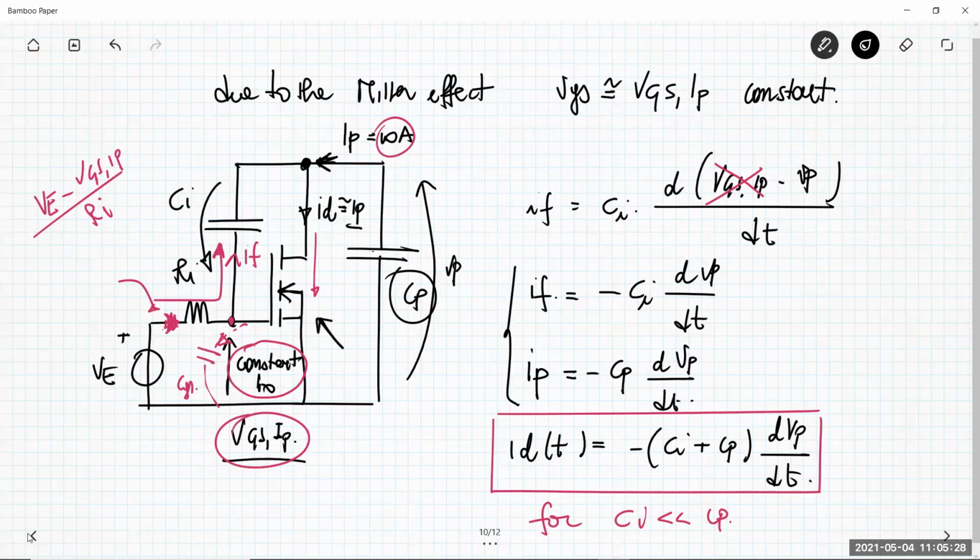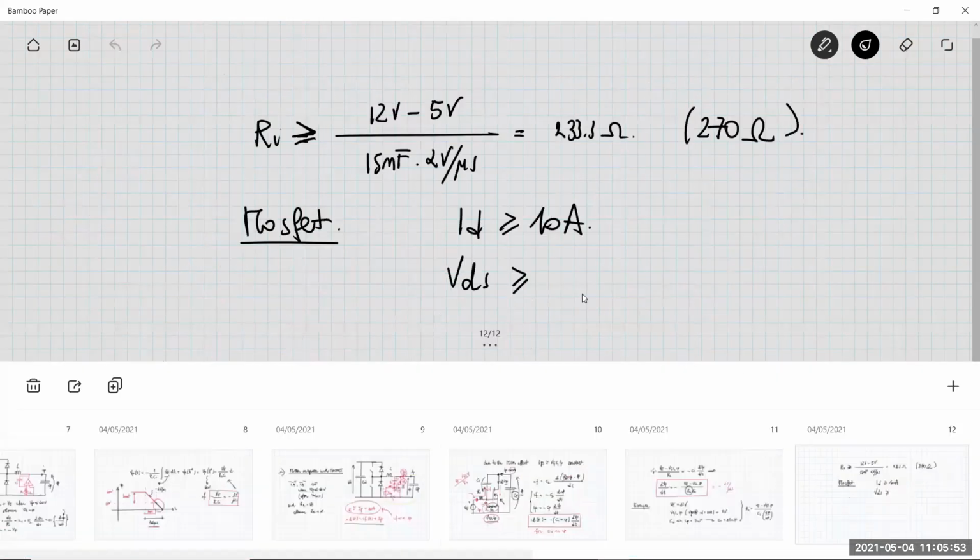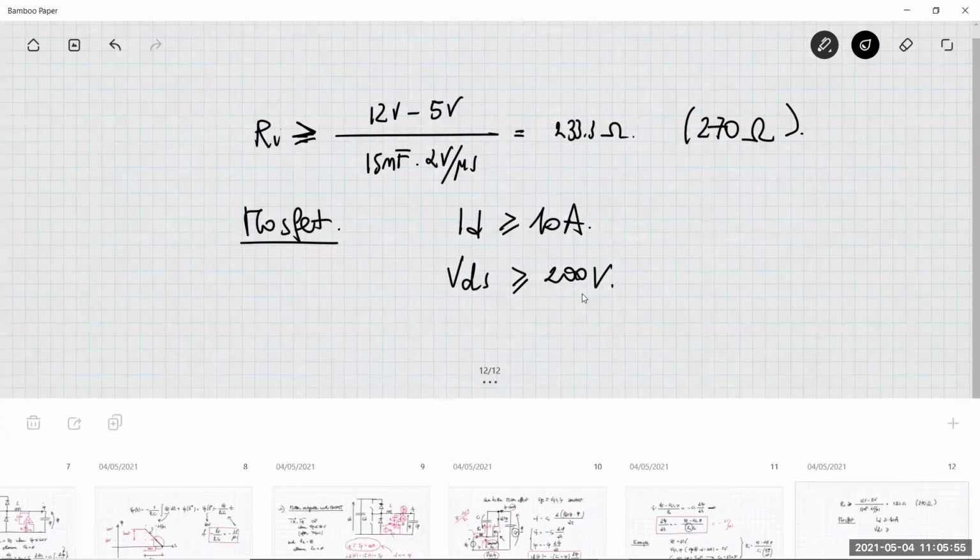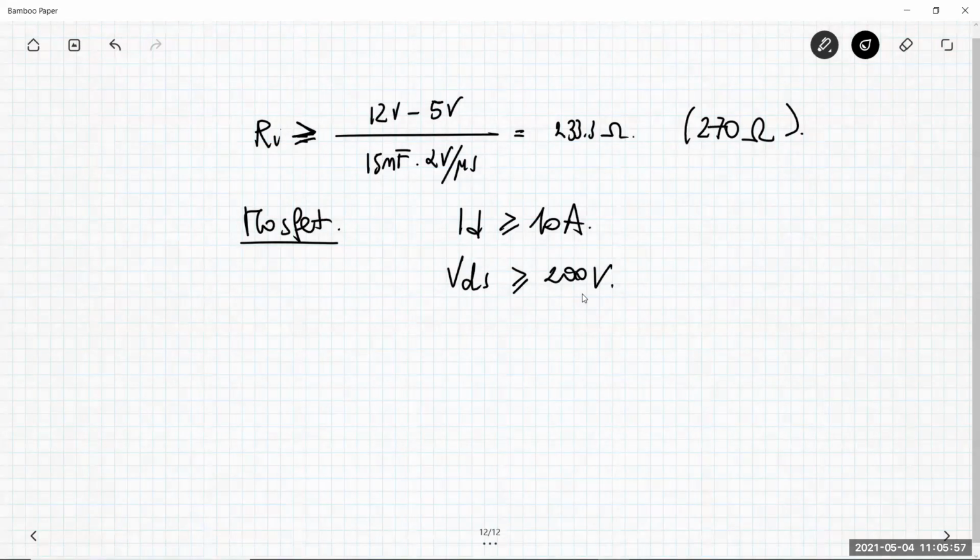So when the transistor is off, the voltage appearing across the drain and source terminals should always be less than the breakdown voltage of the MOSFET. The maximum voltage that you can see across this transistor is the maximum voltage VP max, which is 200 volt. So here the maximum VDS should be higher than 200 volt. The breakdown voltage of this MOSFET should be, I don't know, 250, maybe is enough.